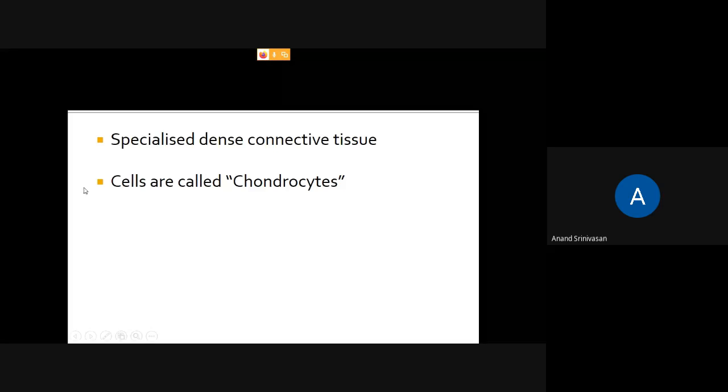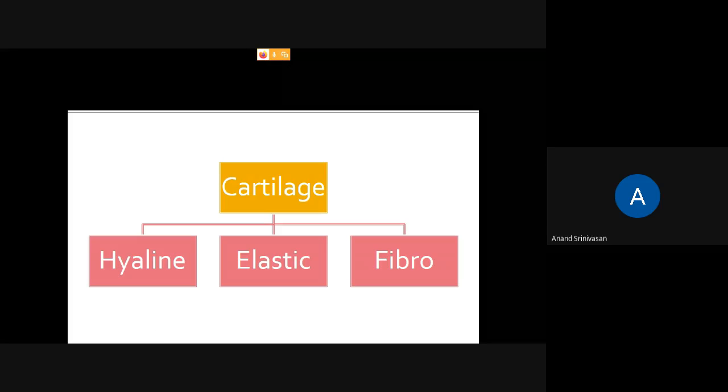Because it contains special cells called chondrocytes. Now there are three types of cartilage: hyaline, elastic, and fibrocartilage.